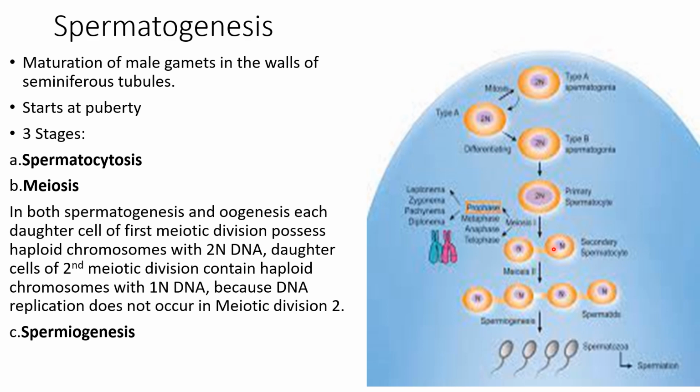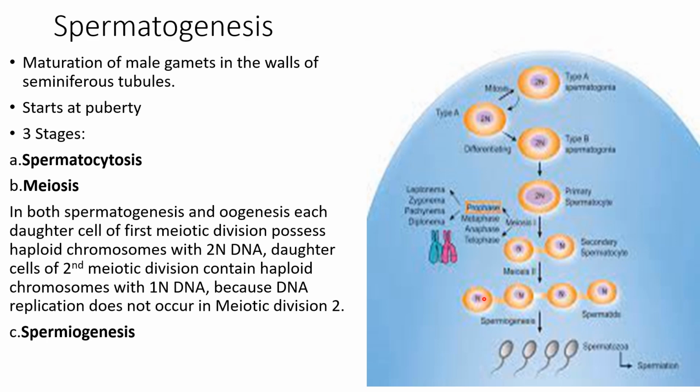Then the second meiotic division occurs. The secondary spermatocyte will divide into two spermatids. So these are two secondary spermatocytes. They will undergo the second meiotic division and form two spermatids each. So in all, four spermatids are formed from a single spermatogonia.